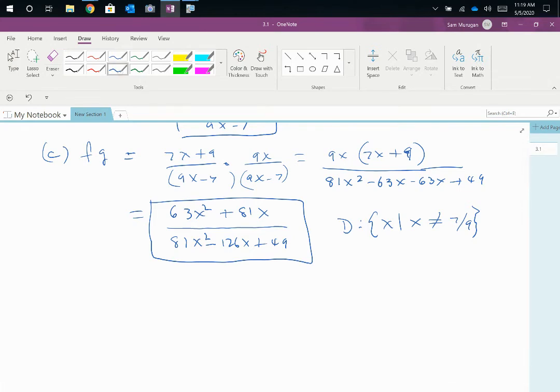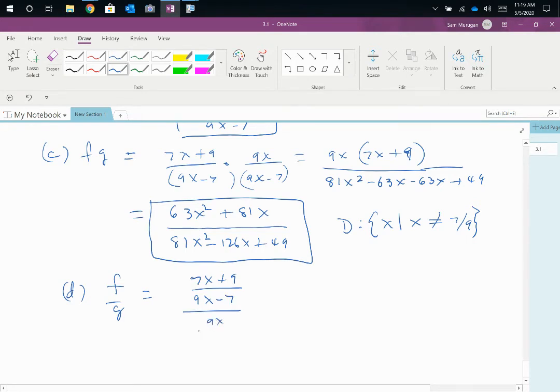Now, it gets a little messy when we come to part D, which is f divided by g, which is 7x plus 9 over 9x minus 7 divided by 9x over 9x minus 7.